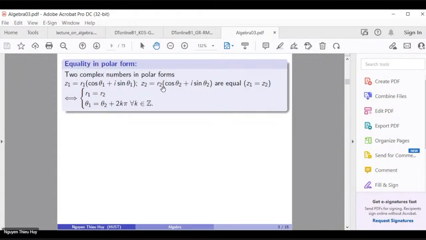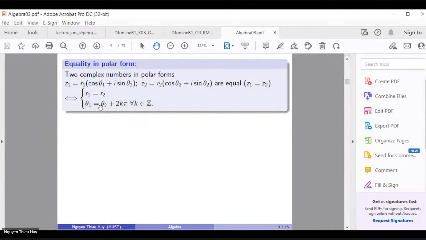Similarly for z2, r2 multiplied by cos theta 2 plus i sine theta 2. So if these two complex numbers are equal, z1 equals z2, of course the modulus should be the same because it's the length of the vector represented by this number. So the modulus is the same.